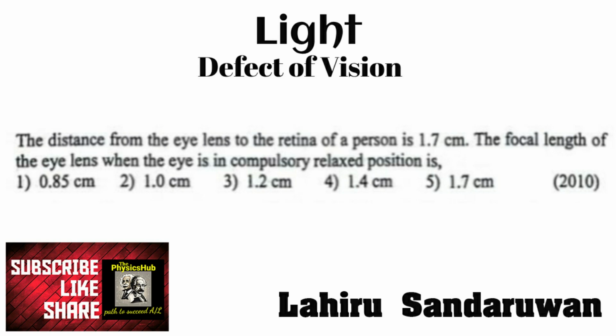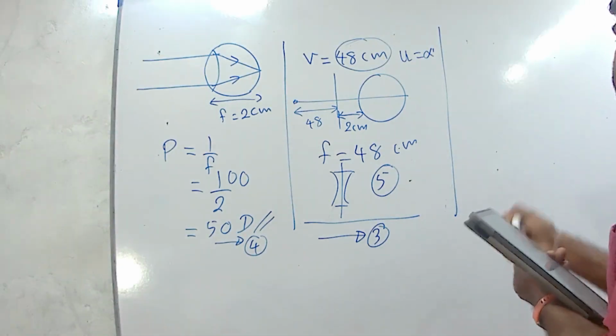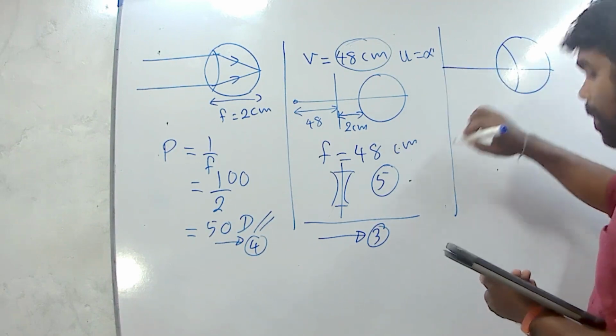The distance from the eye lens to the retina of a person is 1.7 centimeters. The focal length of the eye lens when the eye is in a completely relaxed position. Eye is in relaxed position. It means he should see infinity.